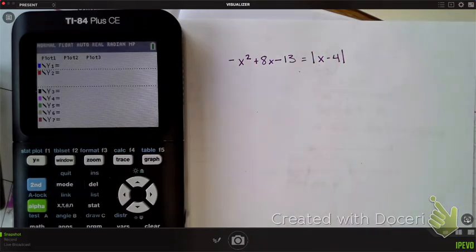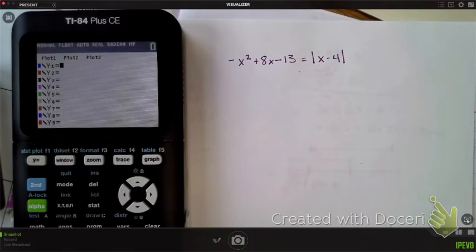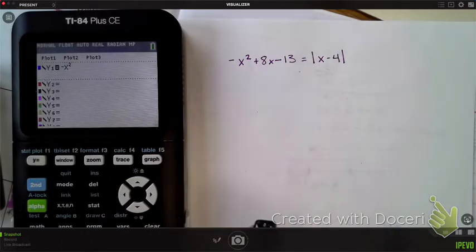How do you get a negative sign again? Right next to the decimal. So in y1, I always put the left in y1 and the right in y2, but it does not matter. Got me? Okay, so negative x squared. How do you get an x squared? Well, the x is right here, the X,T,theta,n button.